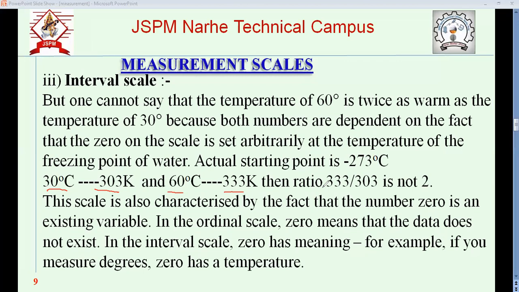But in the ordinal scale, 0 is not a value; it means it does not exist. In the interval scale, 0 has meaning, like temperature can be 0 degrees Celsius.